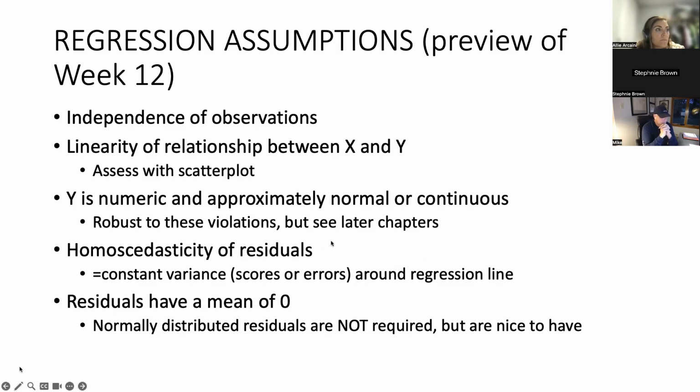So a lot of what we do in testing regression assumptions is fitting a model, saving the residuals, and then plotting those residuals to diagnose, is there a problem there? Another thing that we like is that the residuals should, on average, be equal to 0. A lot of people believe normally distributed residuals are required in multiple regression. They're not, but sometimes it's helpful to see if the residuals are normally distributed. So we'll be dealing with that, as I said, in week 12.